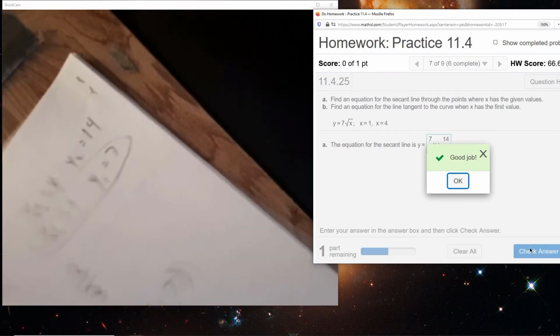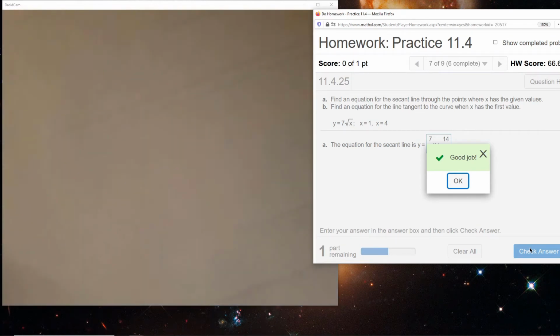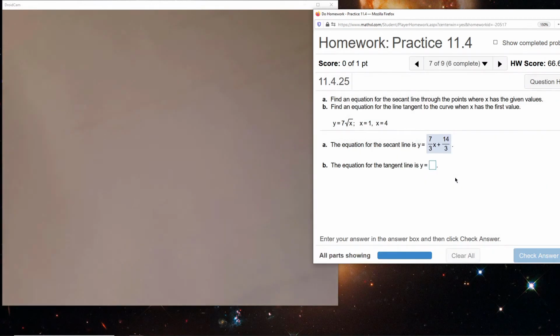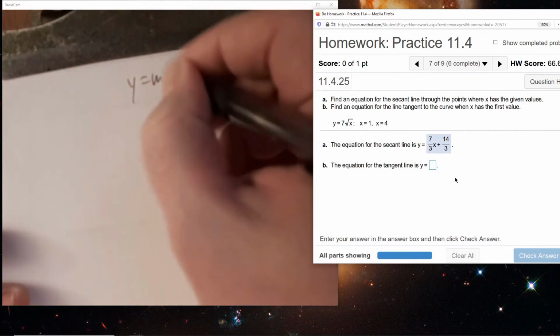So let's check out the tangent line. So again, the tangent line is a linear function.